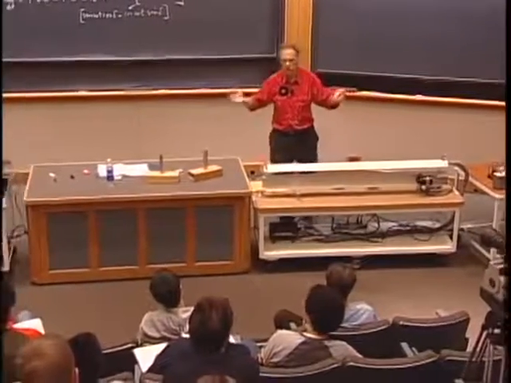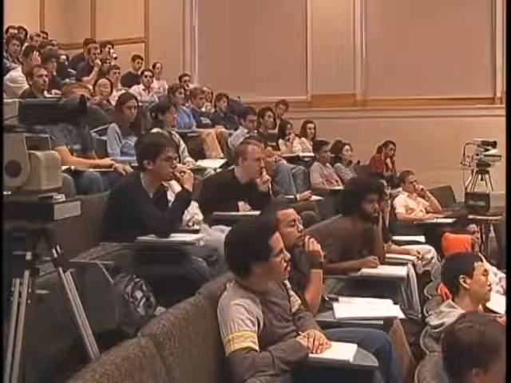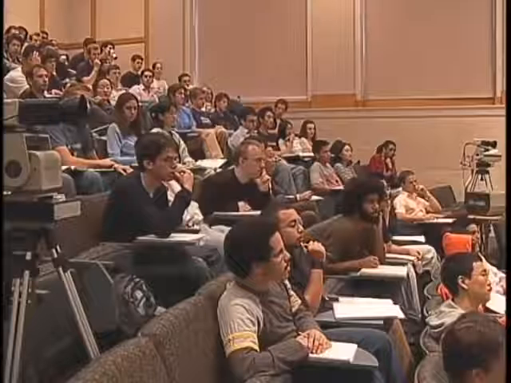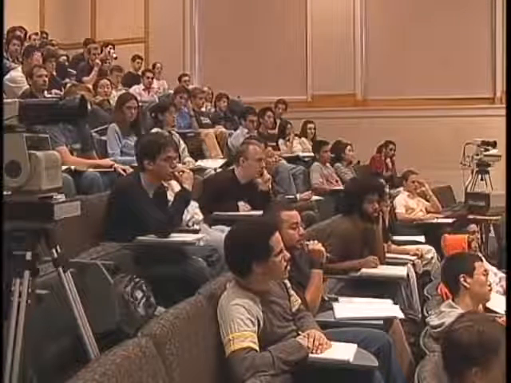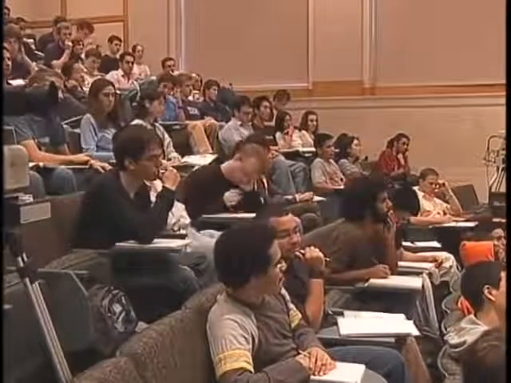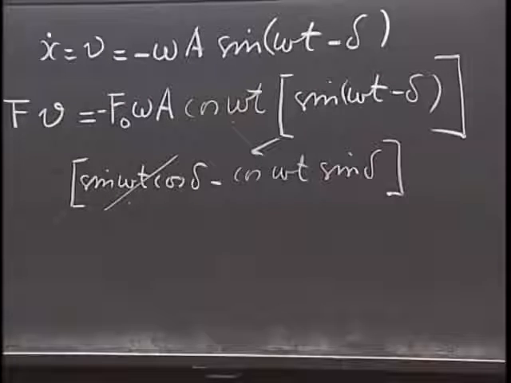Come on. High school, yeah? What is the time average of sine omega t times cosine omega t? Time averaged over one period. 0. This one times this one, time average gives me a 0. If you don't believe it, go back to high school, ask your high school teacher, he will agree with me.